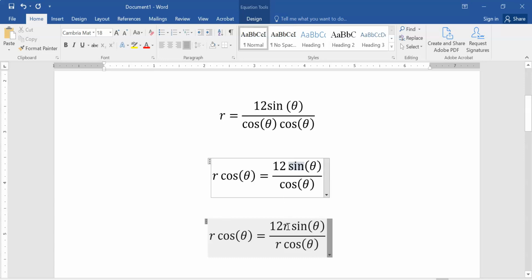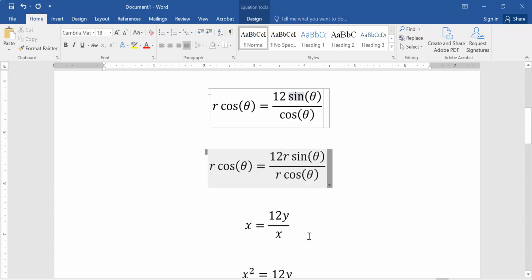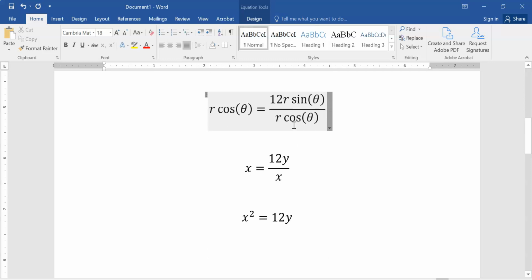So you can multiply the top by r and the bottom by r. You'd end up with r cosine theta equals 12 r sine theta divided by r cosine theta, which obviously my r sine theta I can replace with a y, my r cosine theta I can replace with an x. Multiplying both sides by x, you get x squared equals 12y.